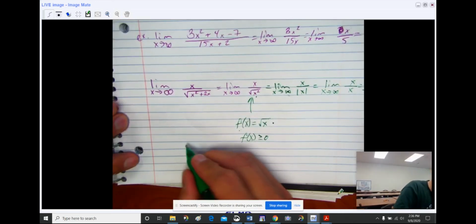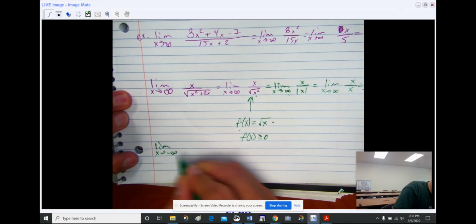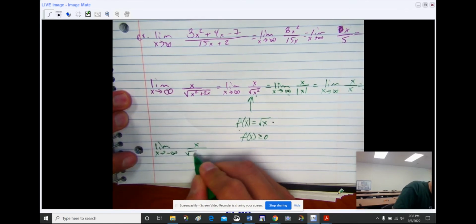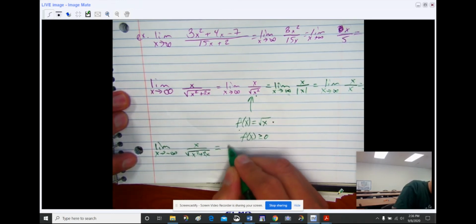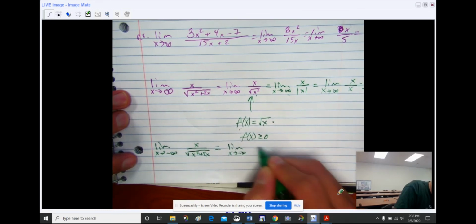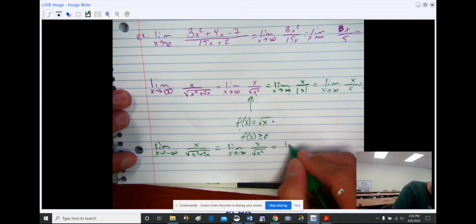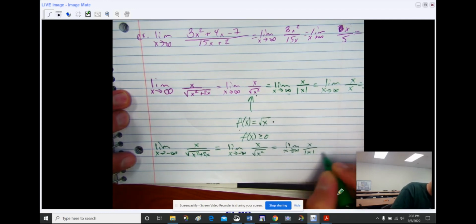However, if we look at the limit as x approaches negative infinity of x over radical x squared plus 2x, and again, that 2x is insignificant compared to x squared. Now we're at x over radical x squared, and this comes out to be the limit as x approaches negative infinity of x over the absolute value of x.